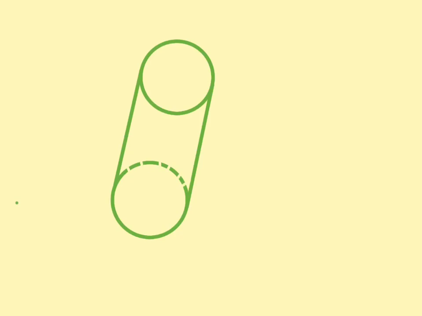I just need the area of the base, and that's just going to be this thing right here, times the height. That's the distance between the bases, and that gives us the volume. So area of the base times the height equals the volume.